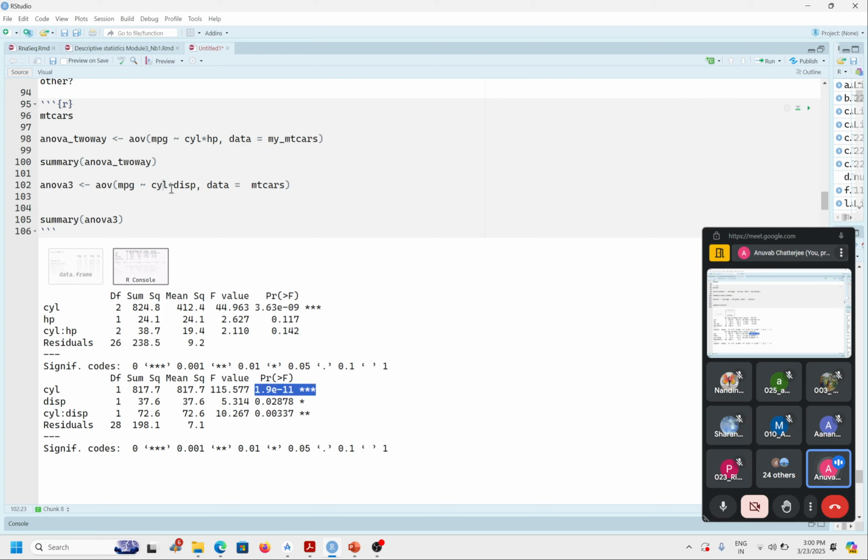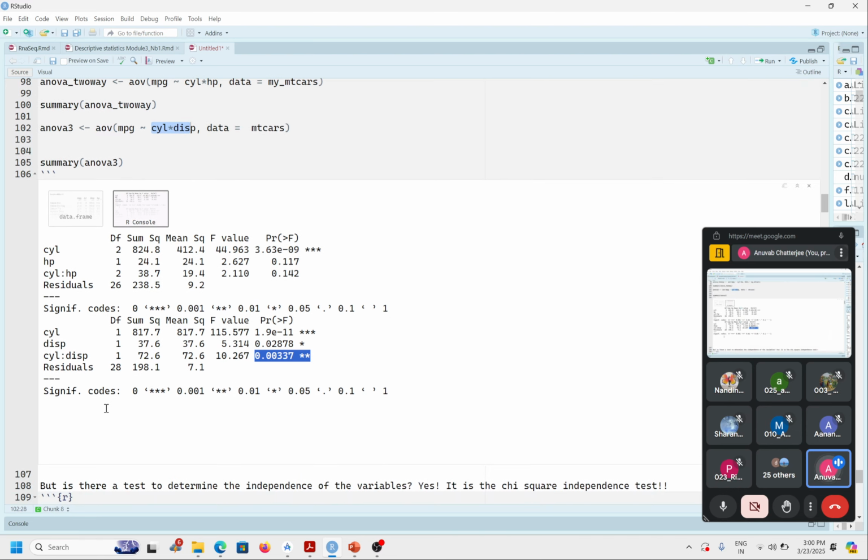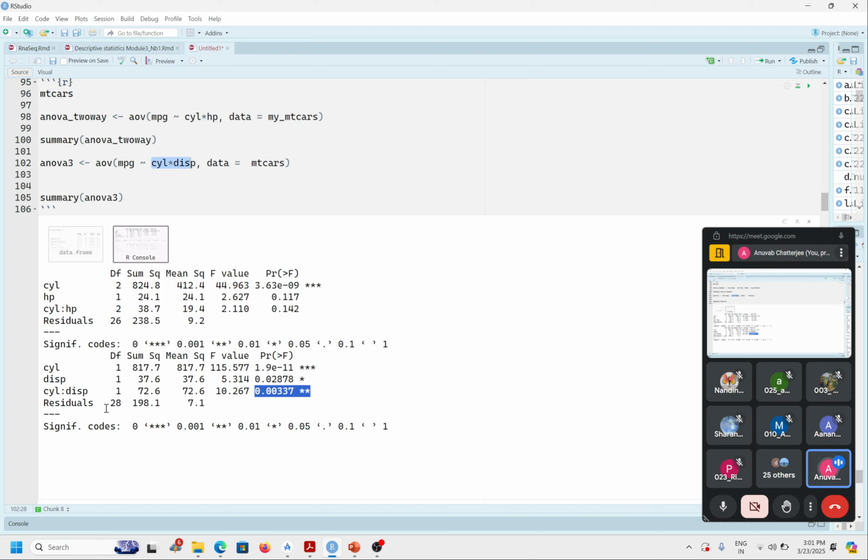The second question is whether mileage depends on the displacement, which also gave us a significant result. Does mileage depend on both of them together? That is, is there an interaction between the two of them that causes more than the normal effect? That also was significant, which shows us that cylinder and displacement together both play a role in determining the mileage of the car. So this is the type of question that you can ask using a two-way ANOVA.